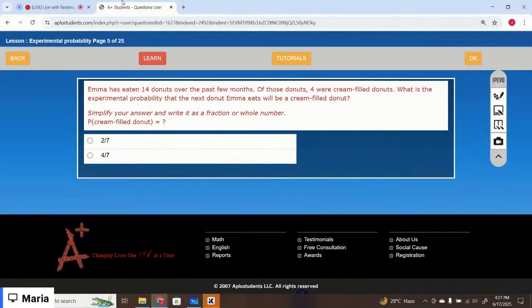That is 4 over 14, so that is 2 over 7. Option number 1 is the correct option.